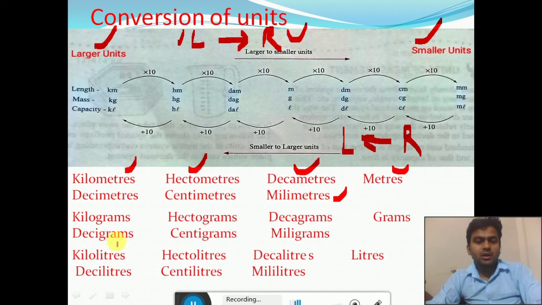Like this for gram and liter. Now you can easily learn this diagram with the help of some trick, and you can easily convert one unit into another unit. So I will tell you how to learn this.